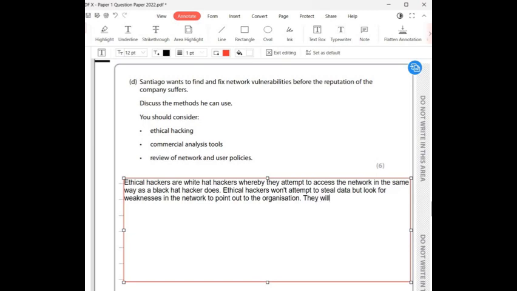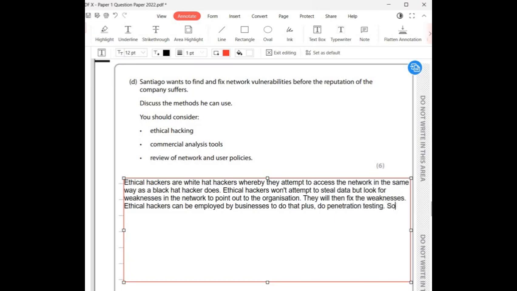The white hat hackers will then fix the weaknesses. And then you might want to say that ethical hackers can be employed by businesses to do that, plus do penetration testing, which is also called pen testing.